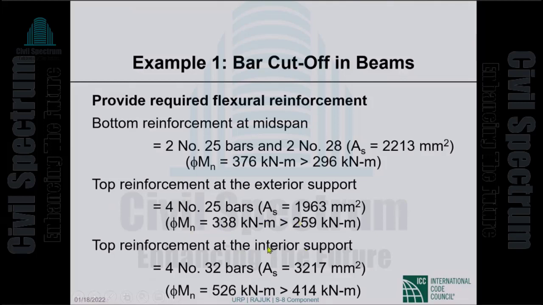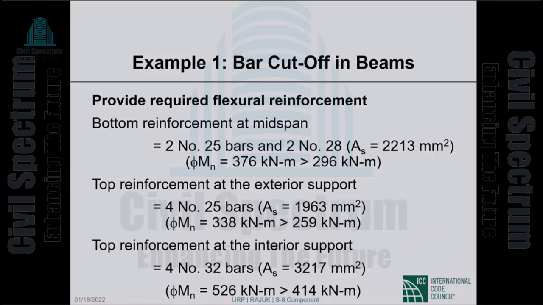Top reinforcement at the interior support, where we have a large moment of 414. Here we have used 4 number 32 bars, and that gives us a phi times M sub n of 526 kilonewton meters. Okay, so that's our flexural design, if you like.